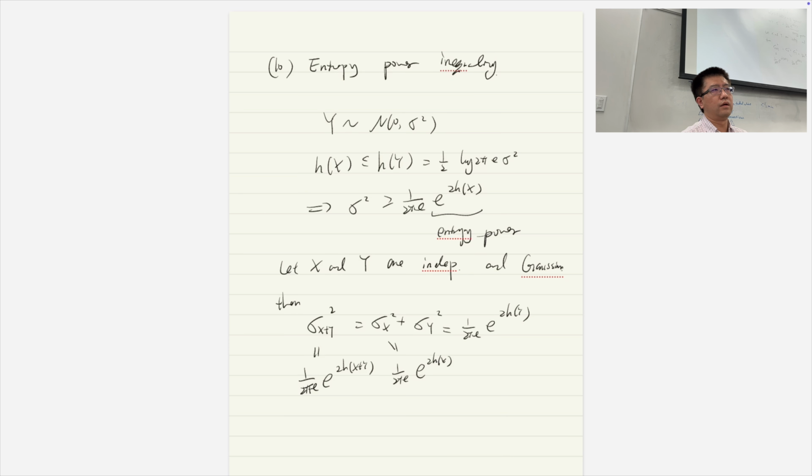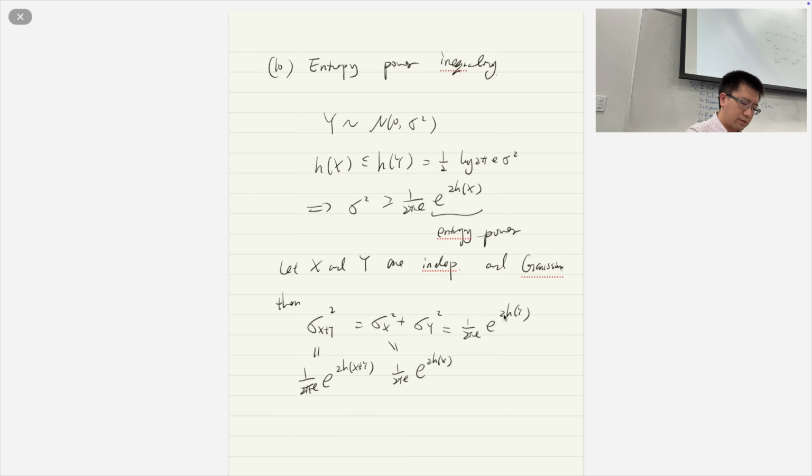Okay, and we know Gaussian will maximize entropy, right? But we say, okay, so now if x and y are not Gaussian, then what will happen, right? If x and y are not Gaussian, this guy will be bigger than or equal to this and that, right?